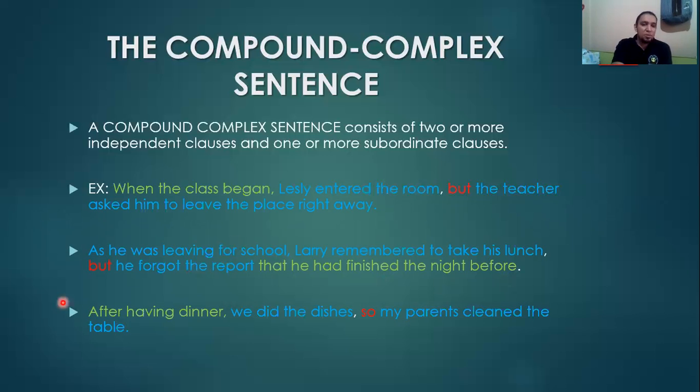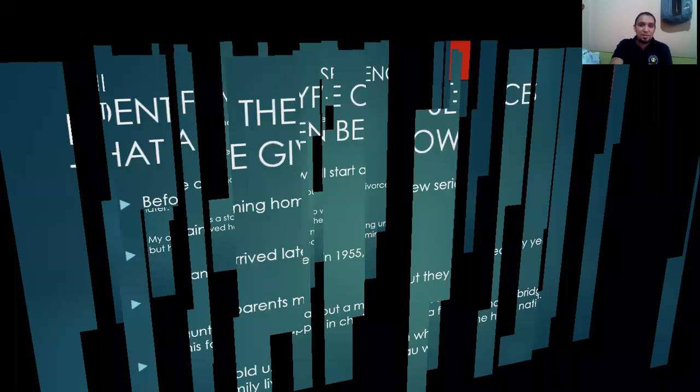Remember that subordinate clauses can start a sentence, just like in the first and the third example. Remember to always join or divide the compound clauses with conjunctions. I'm showing them in this example in red.